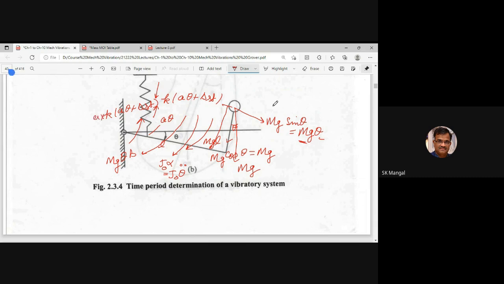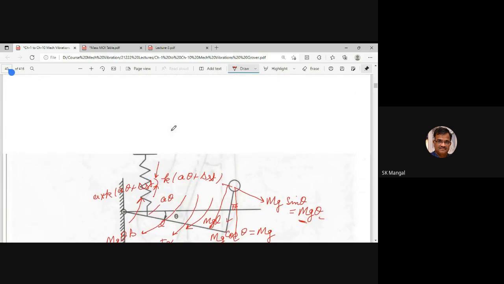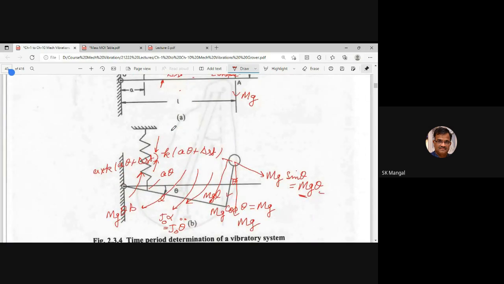So now you have all the moments about the point O, and then you can write the equation of motion from the formula here, that is, accelerating moment is equal to restoring moment. Here this is your only accelerating moment, that is nothing but J naught theta double dot, and the rest are the restoring moments.